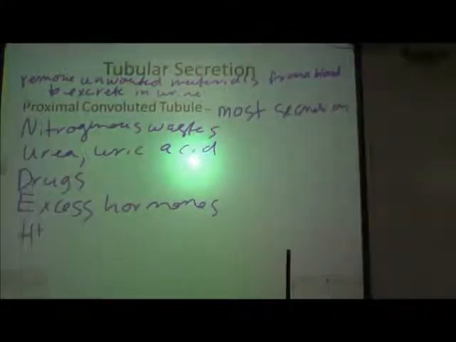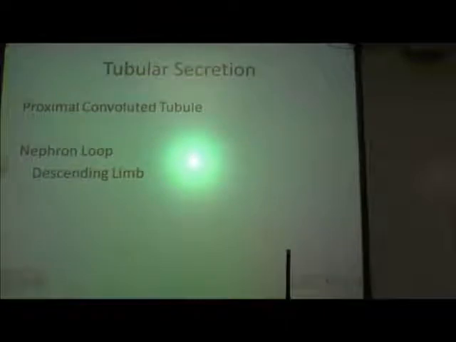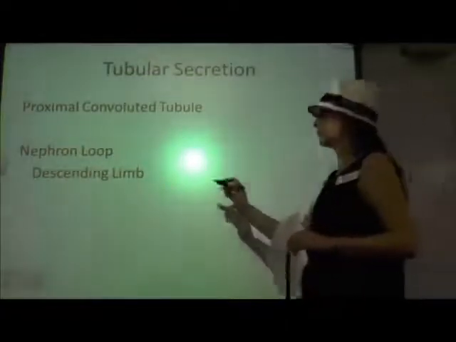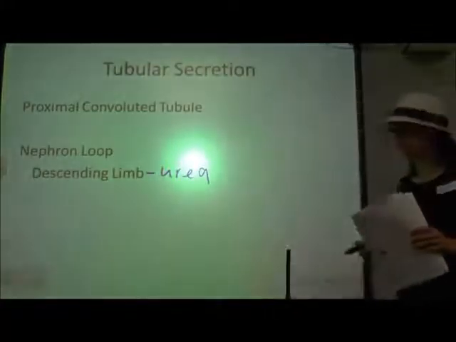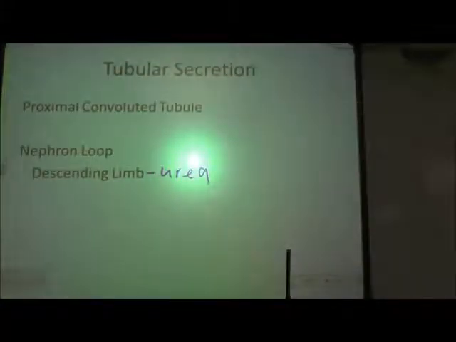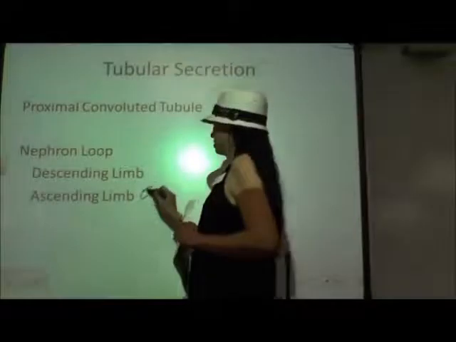As this tubular fluid enters the nephron loop in the descending limb, the only thing that we may secrete is urea. In the ascending limb, there's no significant secretion.